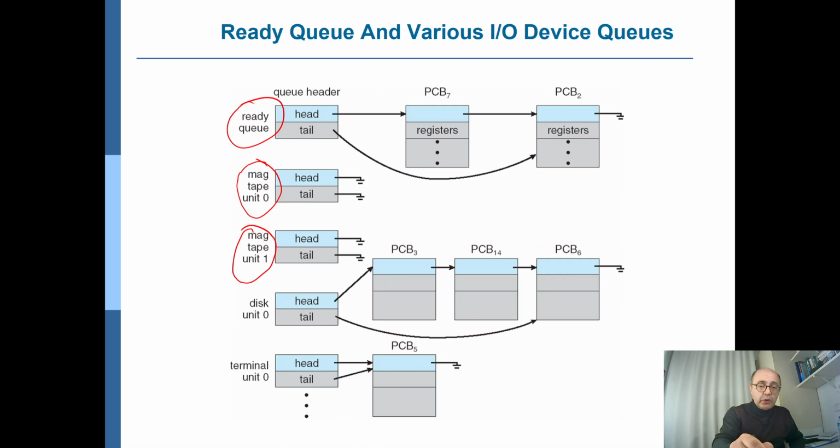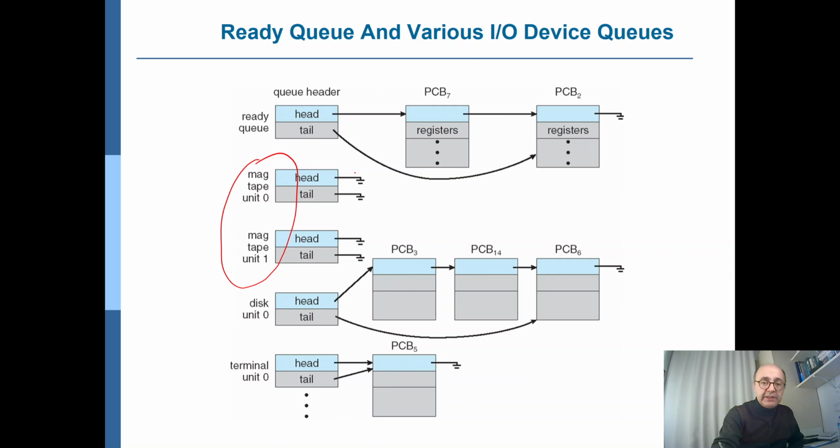So for all disks, magnetic tapes, and all devices that you can think of, the terminals, the printer, whatever, for each one, you have a separate queue. Now, if you look at these queues, you can see that for these magnetic tapes, there is no one waiting.